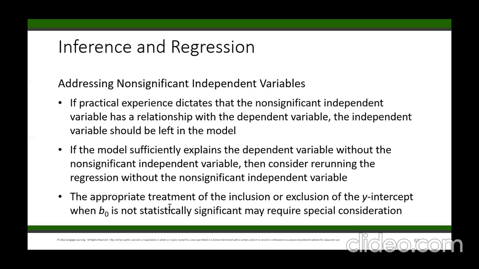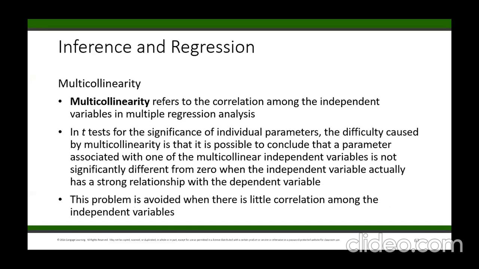So in almost all cases that we deal with in business applications, even if you get a p-value greater than alpha, greater than 5%, you still keep the y-intercept in the model. That's a special case here. For the y-intercept, we keep it regardless of the p-value. All right, so that's one thing.